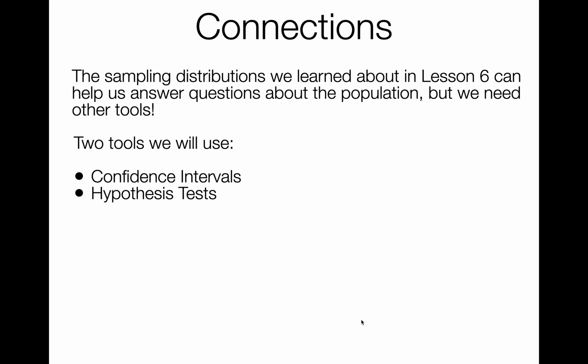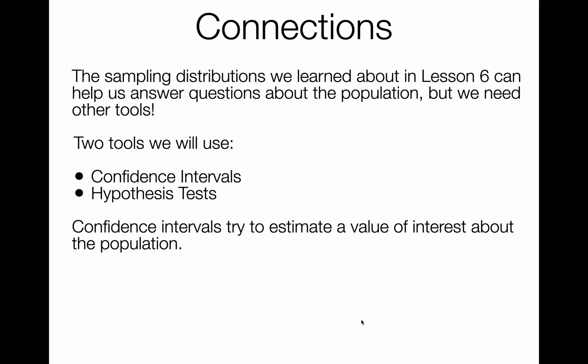Confidence intervals try to estimate a value of interest about the population. So I might ask, what's the proportion of people who support Joe Biden in the upcoming general election? A confidence interval is going to be a range of possible numbers that hopefully contain that truth.